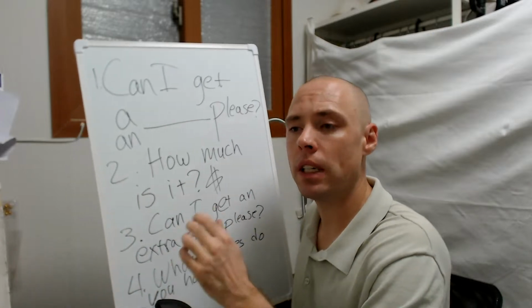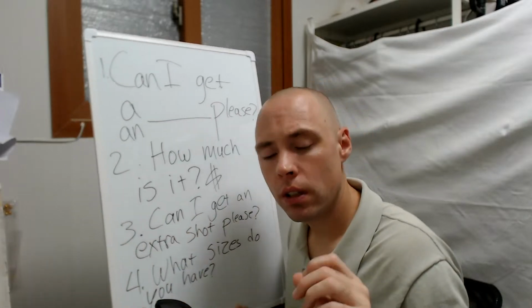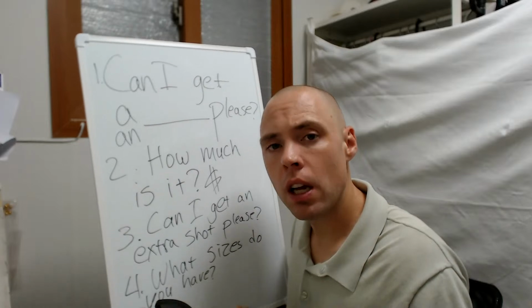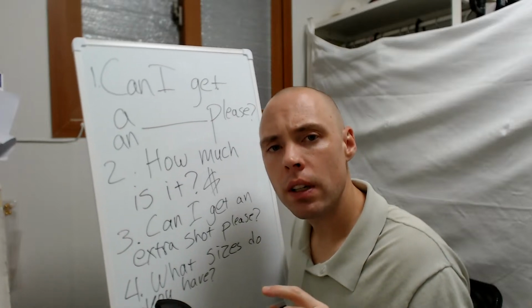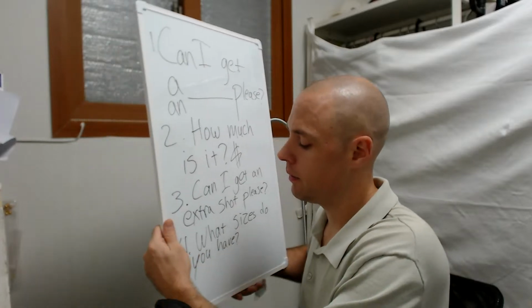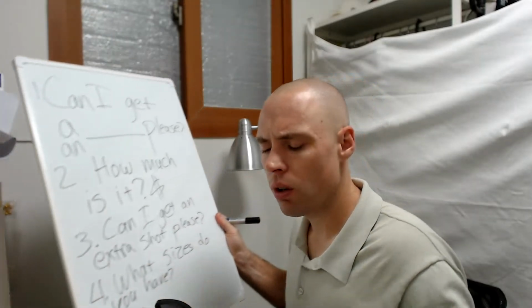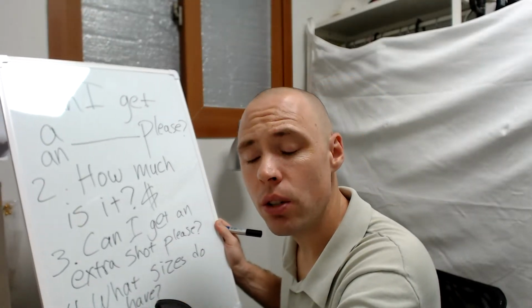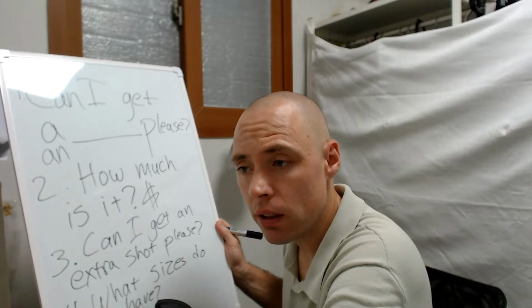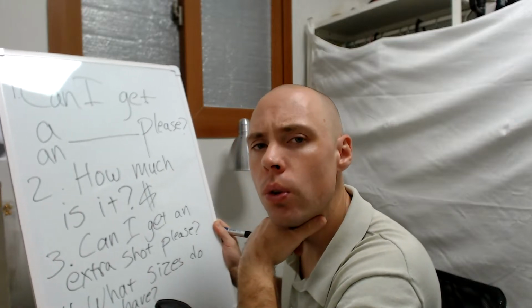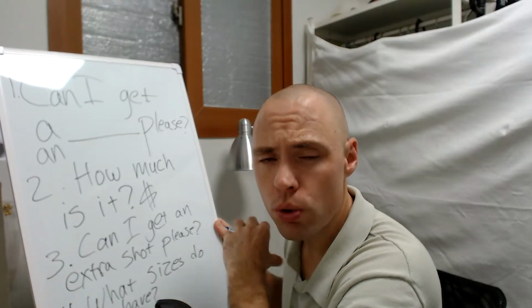And the last one here is a question, not that you say, but the barista says. This question is asking, where do you intend or where do you want to drink your drink? Who knows these phrases? Who knows these vocab words?